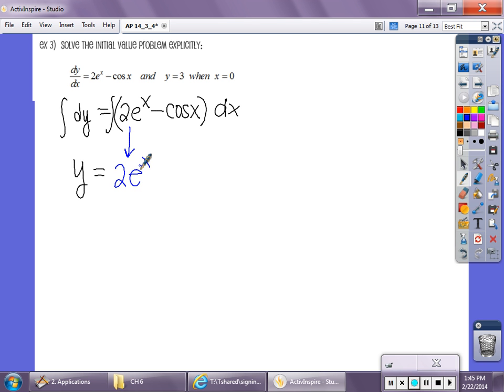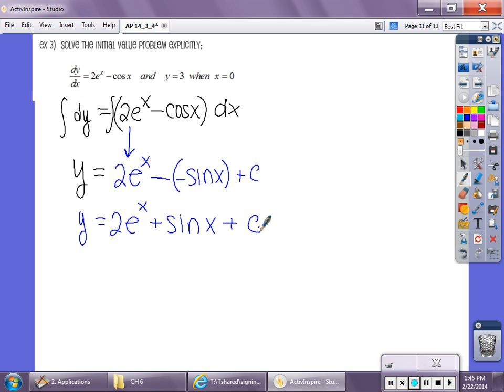And then negative cosine of x: the integral of cosine is sine of x, so negative cosine integrates to negative sine of x, and then plus c. So you end up with y equals e to the x plus sine of x plus c. And then over here, my initial value is y of 0 equals 3. Please remember that's your x and that is your y value.